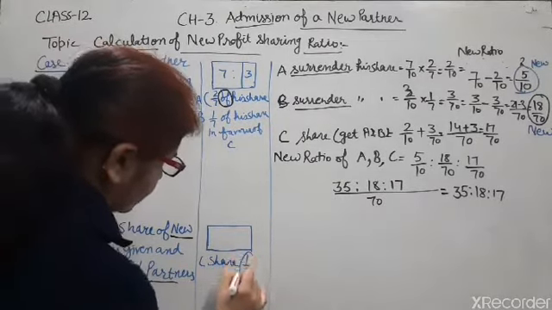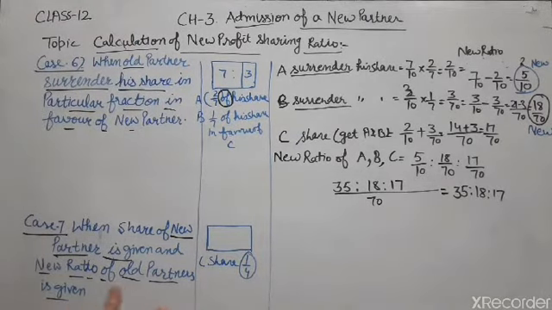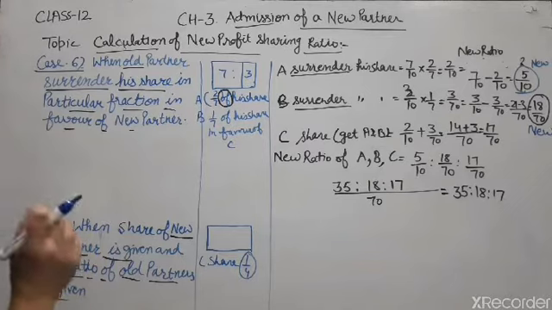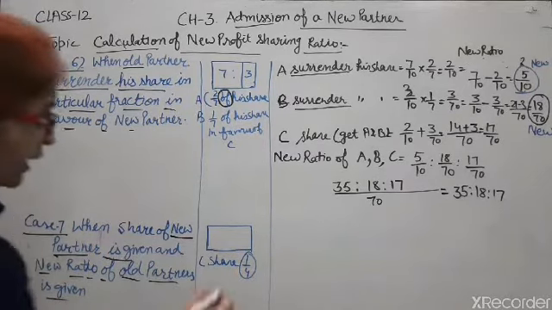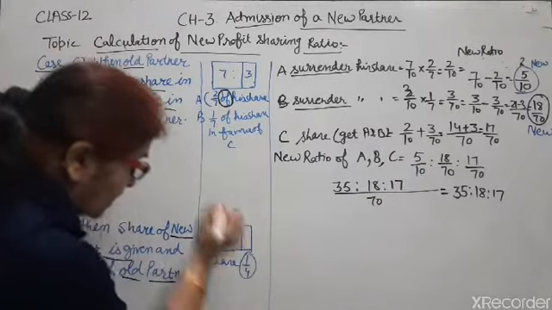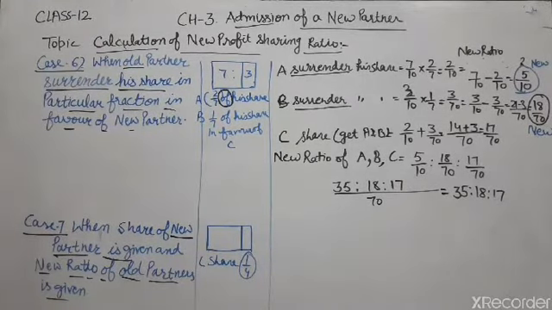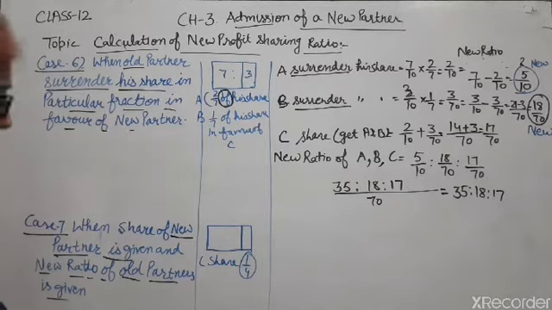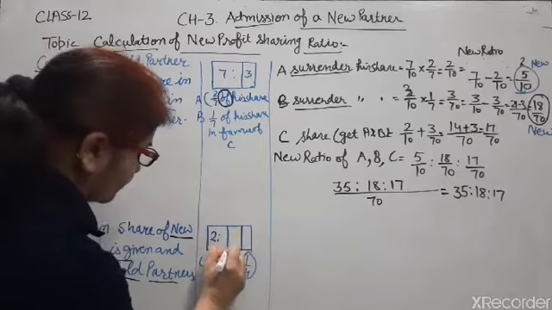C comes and takes 1/4 share. A and B agree, and after C's 1/4 share, the remaining part is taken by A and B in the ratio 2:1.